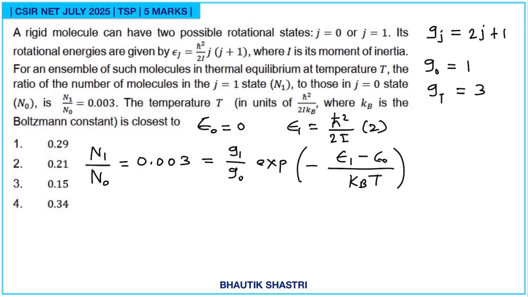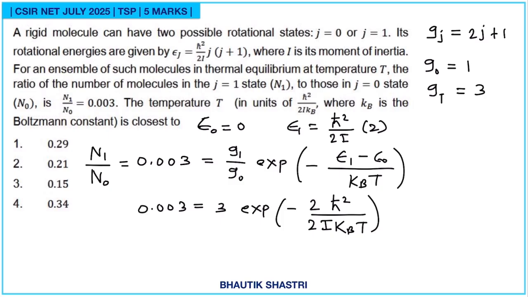So I'll substitute all these values. So we have 0.003 is equal to 3, then exponential part minus 2 into h square upon 2I kb T. So T will be equal to, this will be 0.003 by 3, that is ln of it.